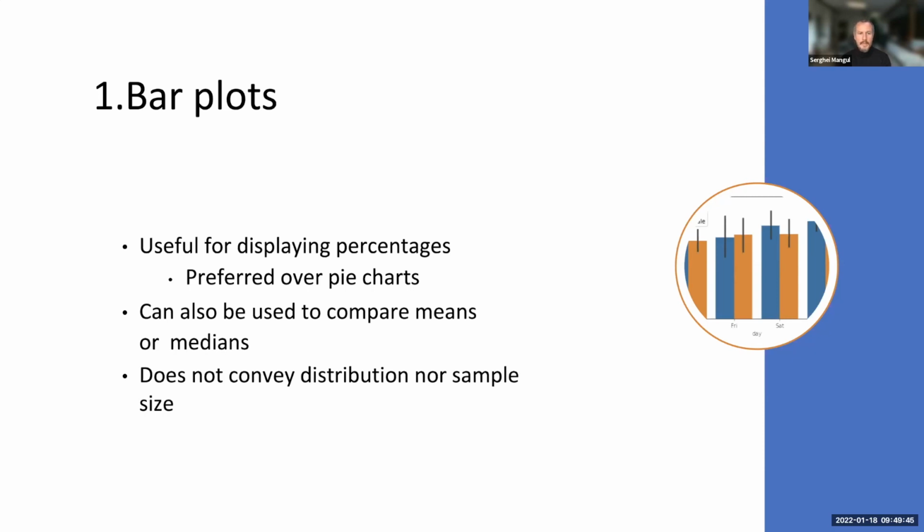You know the mean, great, but you don't know if there were any outliers. Bar plot will not tell you. It's very, very high level. We'll talk about how to convey the sample size through the bar plot, which is possible, and distribution and so on. But a typical simple bar plot, the one you see here on the right, will not tell you that information. Nevertheless, it's a powerful technique. It's good to know, and that's a good start.